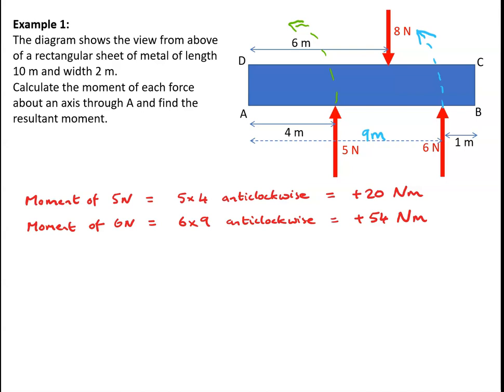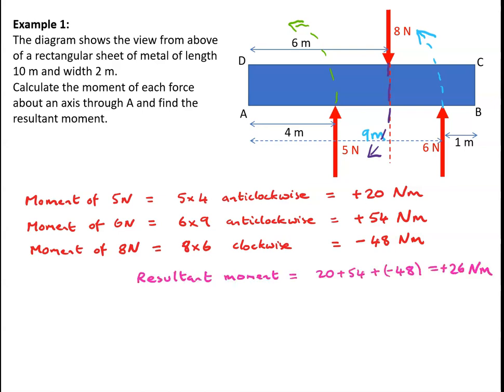The 8 Newton force is trying to turn the sheet of metal in a clockwise direction. So the moment is going to be 8 times 6 in a clockwise direction. But a clockwise moment is a negative moment, so that means we've got a moment of minus 48 Newton meters.